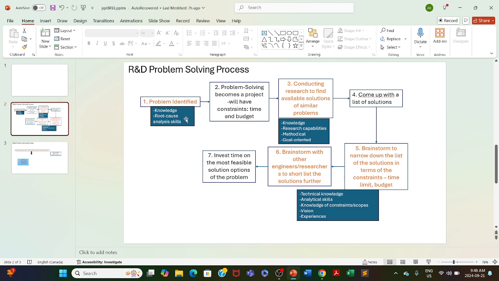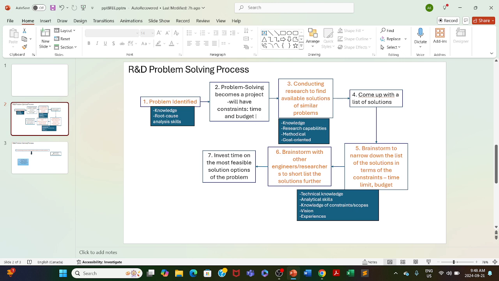We also sorted out the steps of the process that are most critical, and we need to develop more skills, expertise, or experiences so we can make the problem solving process more successful.